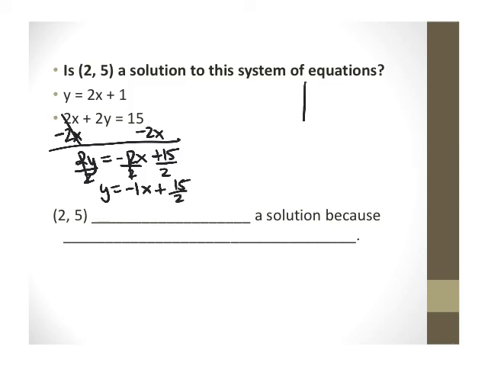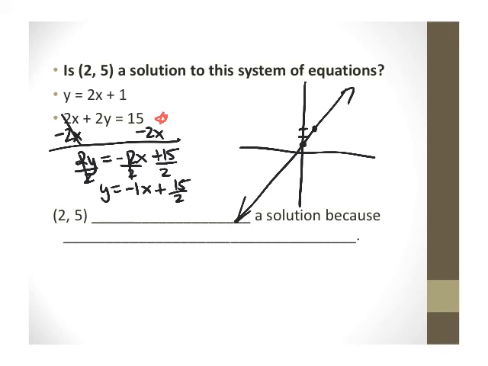Okay, so I'm going to go ahead and graph. The first one is going to start at 1, and it's going to go up 2 over 1, like that, okay? Draw my line, done. Then I have my second equation, okay? This one I'll do in red. So 15 over 2, 15 divided by 2 is like 7.5.